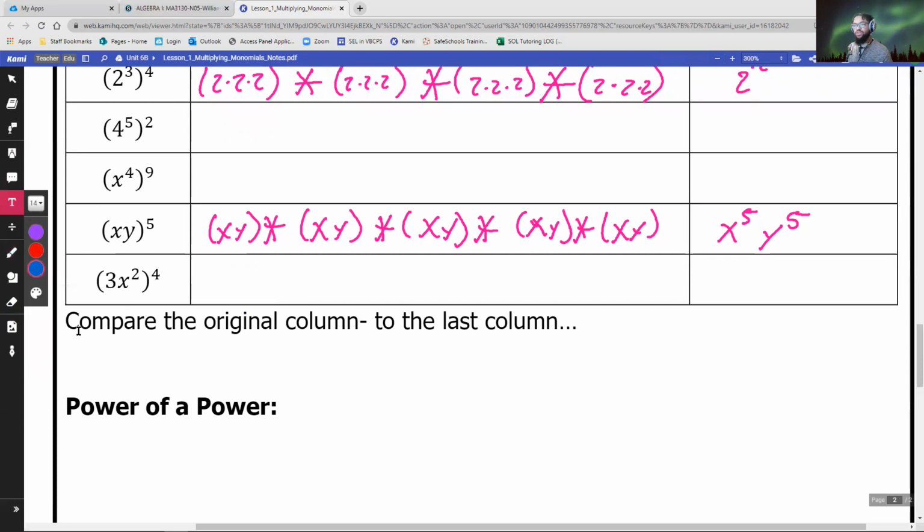If you look at it, you'll notice that when we have a power raised to an exponent like we do in this example, our result is those two things multiplied together. Okay.